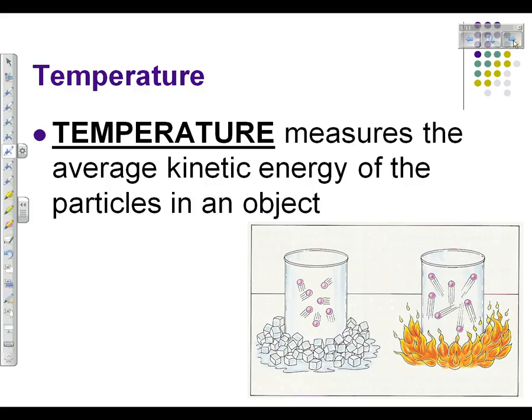Now, a couple of things. First, does that mean that every particle in either of these two beakers here is moving at exactly the same speed? Not necessarily, right? Because it's an average kinetic energy. Second, because it's kinetic energy, what does that mean the temperature depends on?